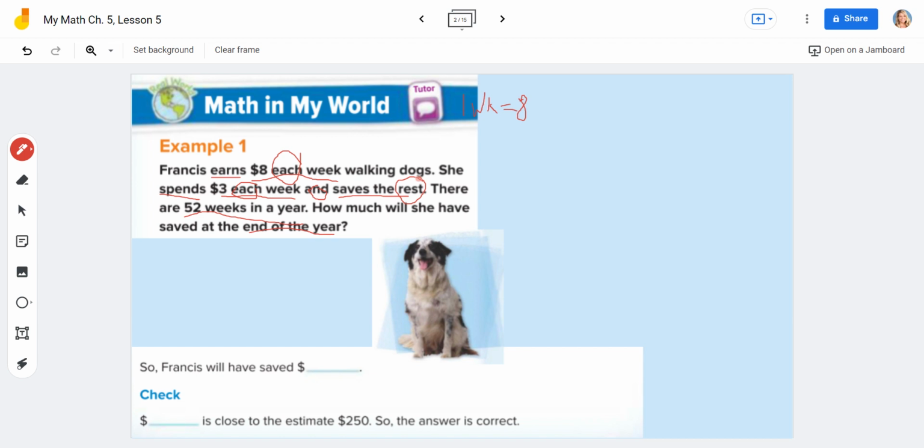But I don't know, according to my sentences, how much the rest is. It also gives me some helpful information. There are 52 weeks in a year, because even though it tells me information for 1 week, so $8 each week, $3 each week, it wants to know how much she's going to save at the end of the year. So I'm solving to find out for the whole year.